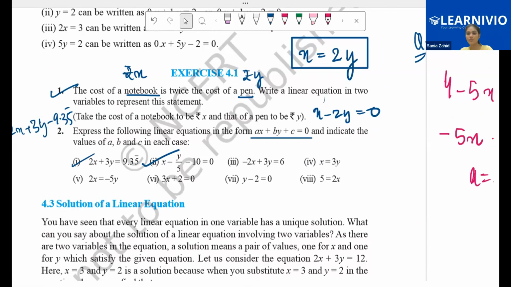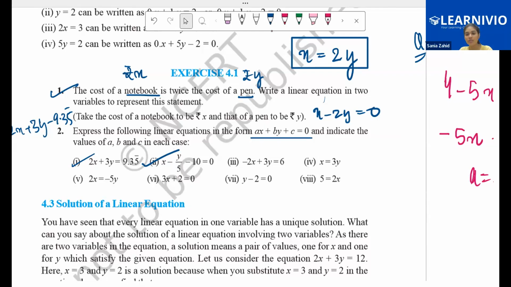The fourth one will be: A will be x, and then B will be 3y. Hafsa, you are getting confused. You still don't know what is A, what is B. A will not have x in it. A is just the number attached with it, so A is 1.